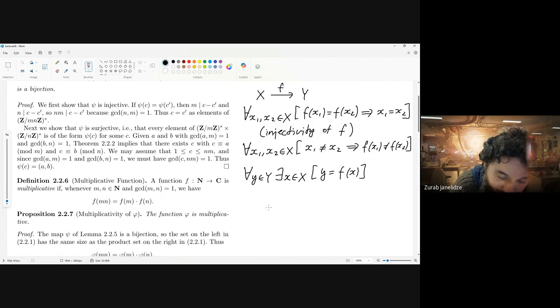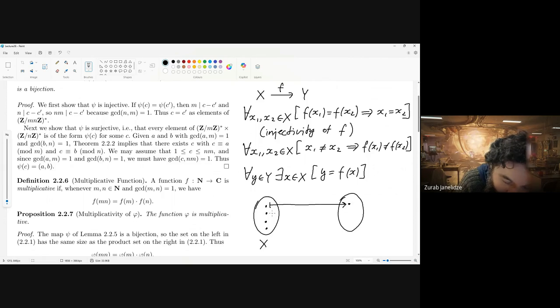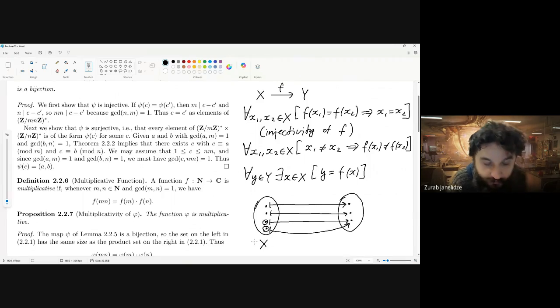If we draw a picture for the function, let's say we've got 4 elements in the domain X. The property of injectivity ensures that the 4 different elements map to 4 different elements. You cannot have something like this, for instance, because then you will have x1 and x2 right here, which happen to be different, but they map to the same place, which is impossible by this implication.